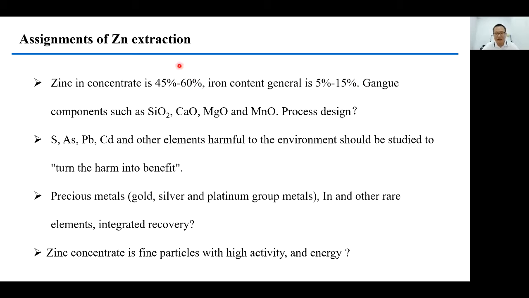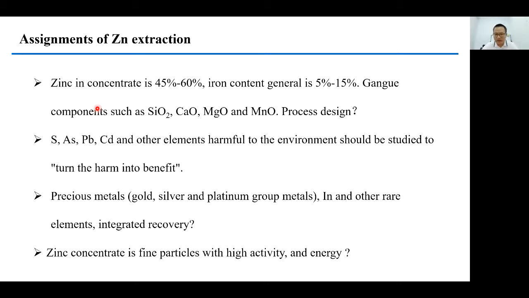So iron is an impurity, the most important impurity element in non-ferrous metal production. So we should find a way to remove iron from the system or from the zinc concentrate.